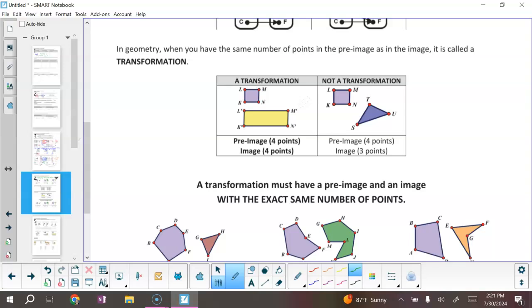We changed maybe its size or we changed its position on the graph. And when we talk about that, we don't say L with a little dash or M with a little dash. We call that dash prime. So you're going to hear me say L prime or M prime, N prime. I'm going to use that word prime to be talking about the new shape.